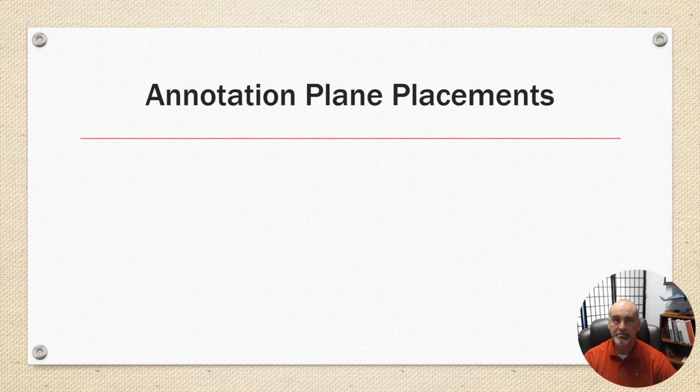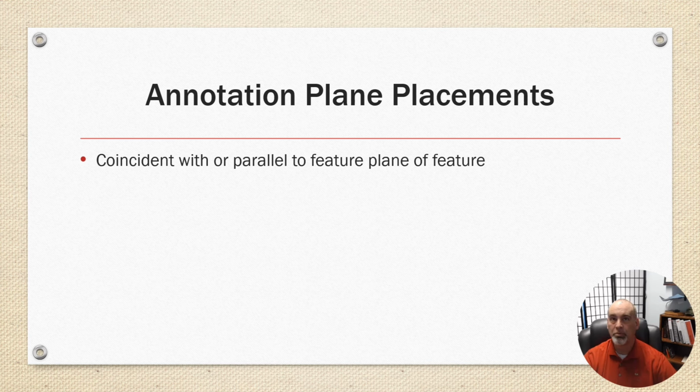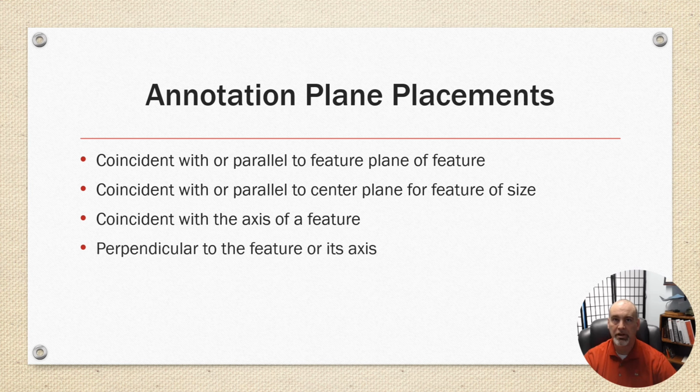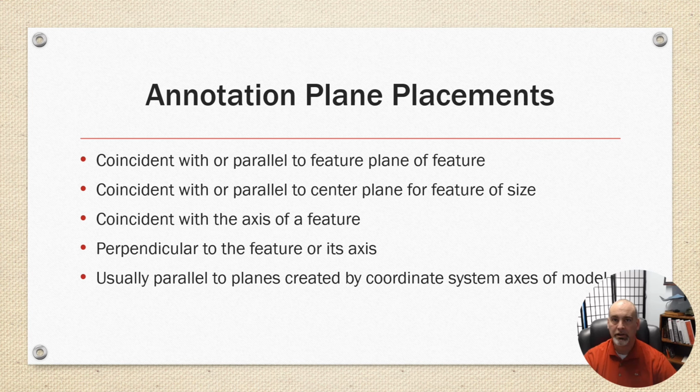Annotation plane placements must be coincident or parallel to a feature plane, or coincident with or parallel to the center plane for a feature of size, or coincident with an axis of a feature, or perpendicular to the feature or its axis. They are usually parallel to planes created by the coordinate system axes of the model, but this is not required when the feature is inclined or skewed, which is an exception.